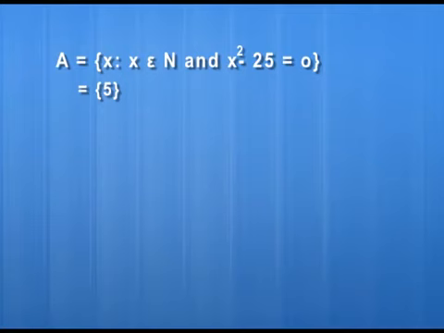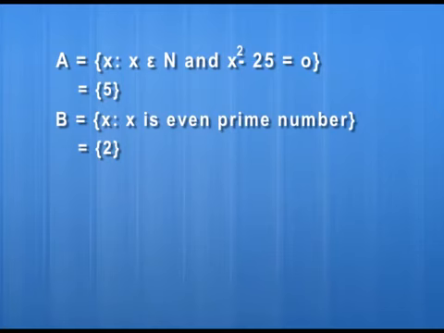Again, suppose I take the set B, the set of all x such that x is an even prime number. Now, I have to look for all prime numbers which are even. We have got only one even prime number, and that is 2. Again, this set is having only one element.